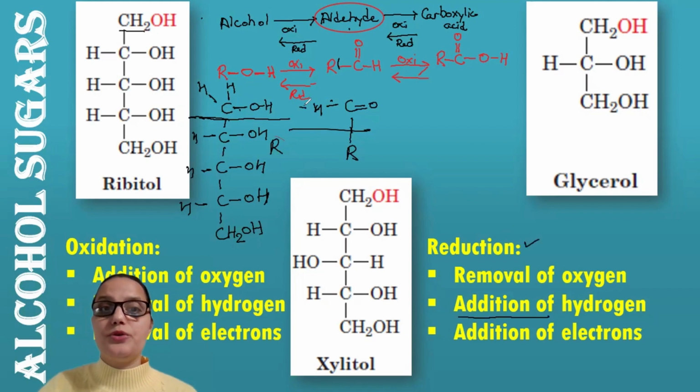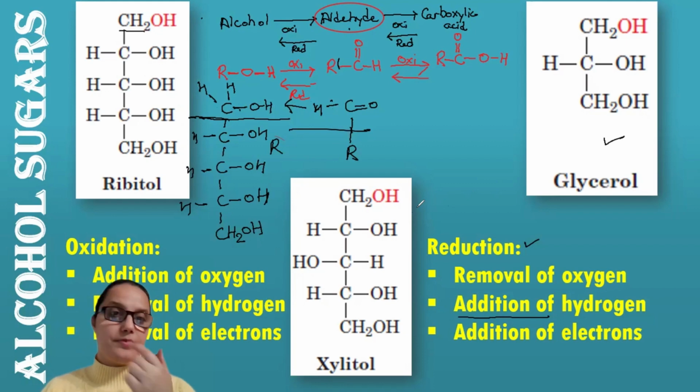So this proves that this molecule of ribose is undergoing the process of reduction to form this alcohol, which is called ribitol. The same thing happens with glycerol, and with xylitol, or for that matter, every other monosaccharide is capable of undergoing such reduction to form their respective alcohol derivatives.